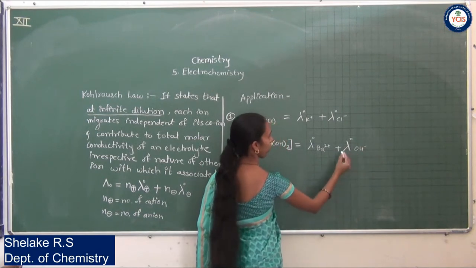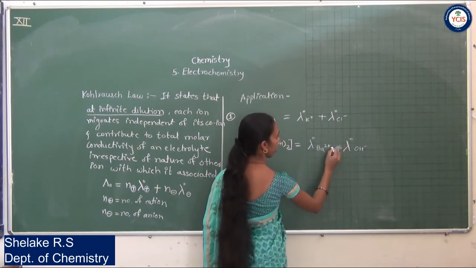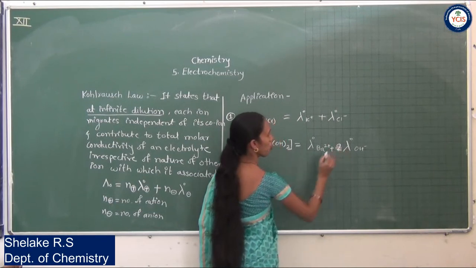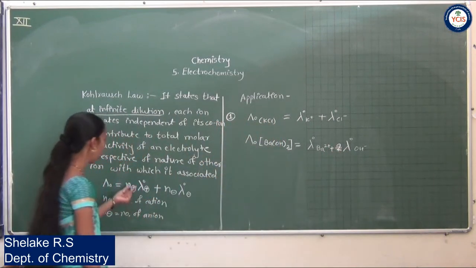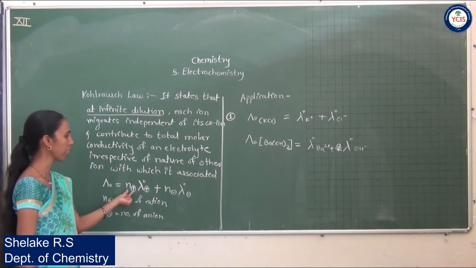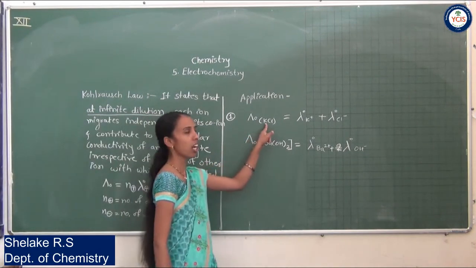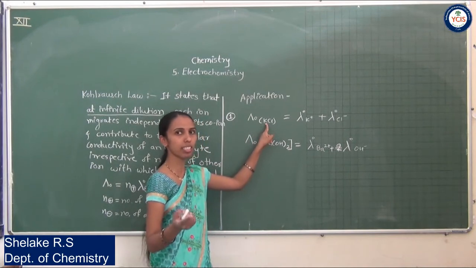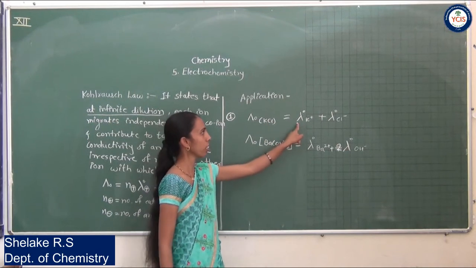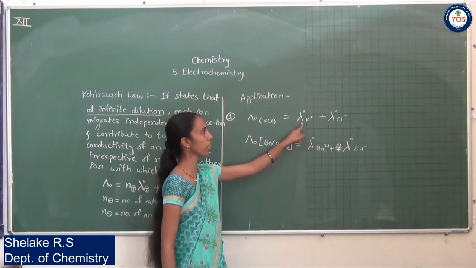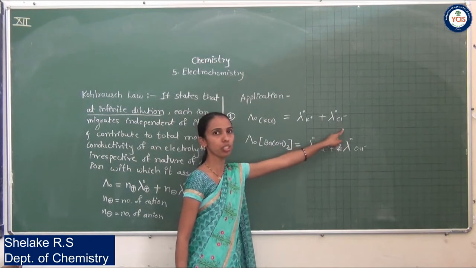Here, because of OH minus, the number of anions will be 2. In the statement we have taken n plus and n minus, the number of cations and anions. For KCl, it ionizes to K plus and Cl minus, meaning number of cations 1 and number of anions 1. That is why I have only written lambda 0 K plus and lambda 0 Cl minus.